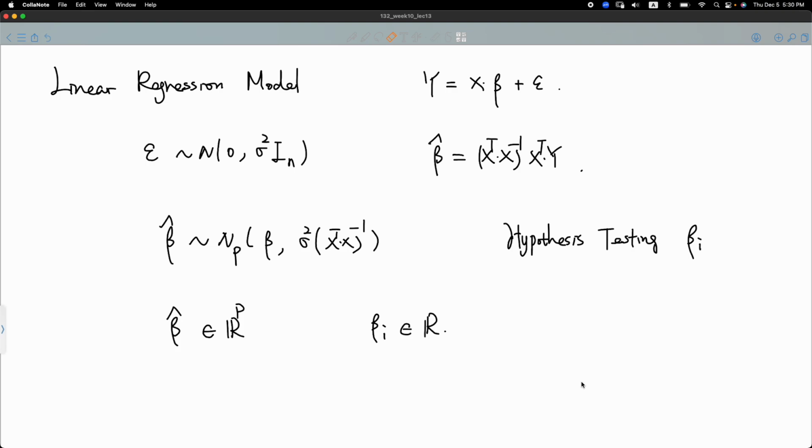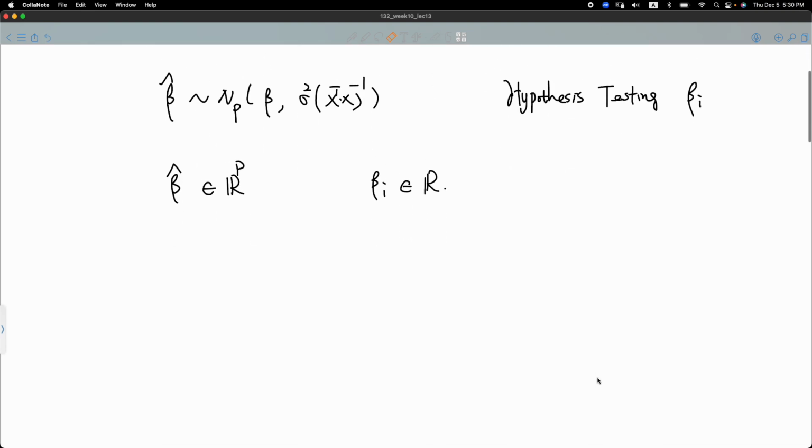Okay, so in order to perform hypothesis testing, we always need to know what is the distribution for the beta hat, and then starting from there to see whether we are able to calculate the distribution of something. So in our case, what we really want to test is the following null hypothesis. So beta I without the hat, because we are interested in the true parameter beta.